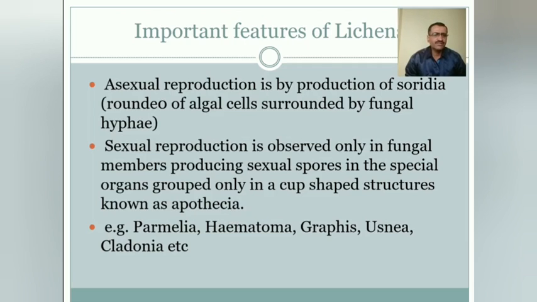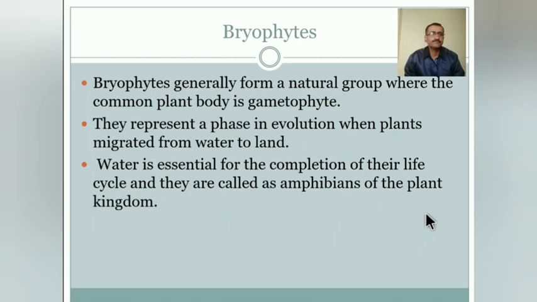There are different examples of the lichen, for example, Parmelia, Haematomma, Graphis, Usnea, Cladonia. These are also asked in the examination, the different examples of lichens, for 1 mark.